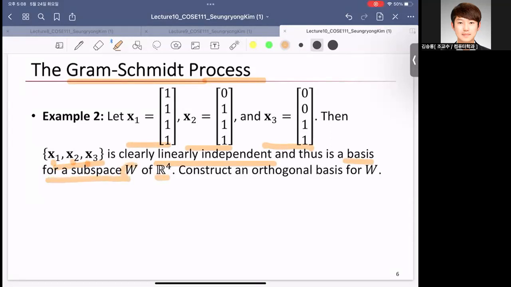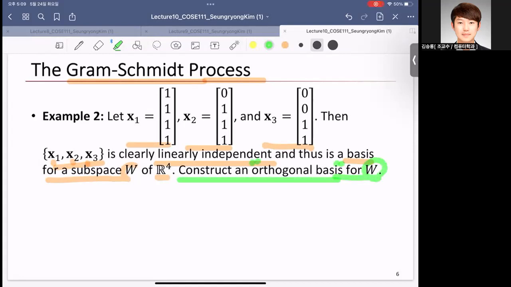Because the set of these vectors is linearly independent, it is going to be a basis for the subspace W. The question is: construct an orthogonal basis for subspace W. This is the problem.